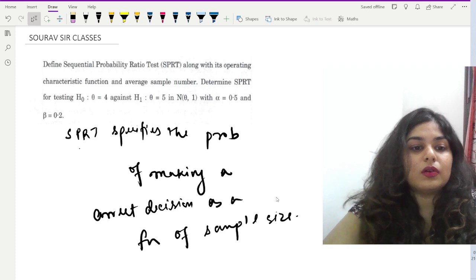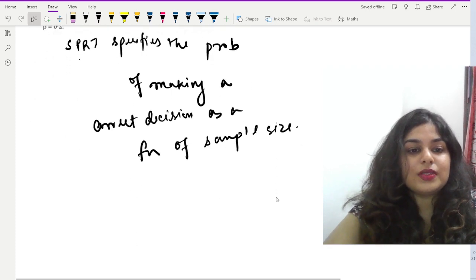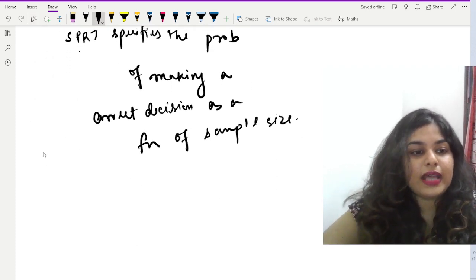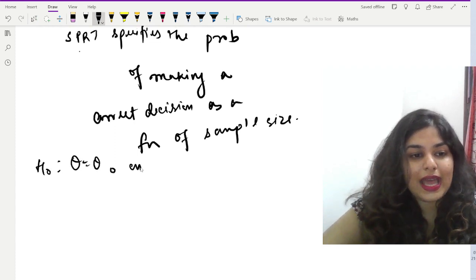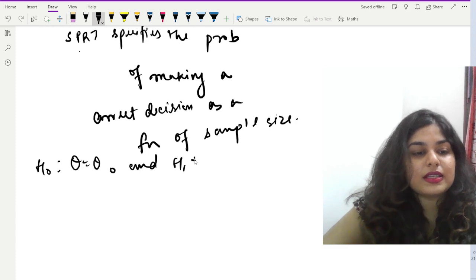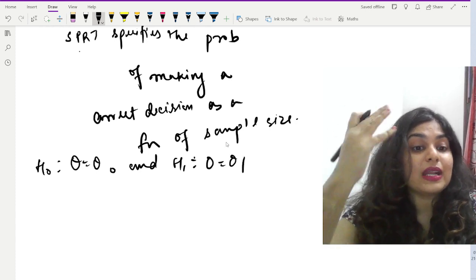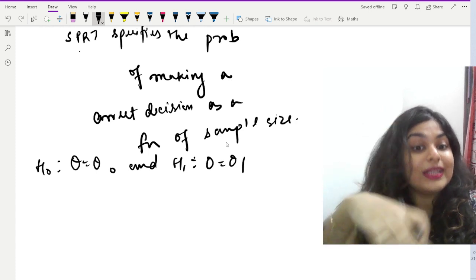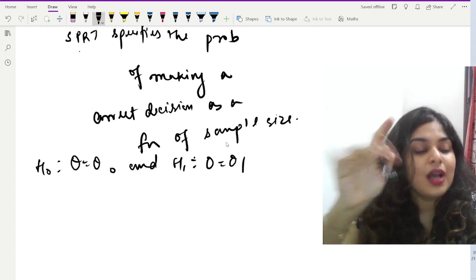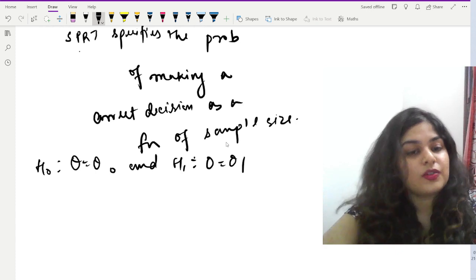Now suppose there is a two-sided SPRT. Then the null hypothesis is that theta is equal to theta 0 and the alternative hypothesis is that theta is equal to theta 1, where theta represents the parameter being tested, and theta 0 and theta 1 are the hypothesized values under the null and alternative hypotheses respectively.